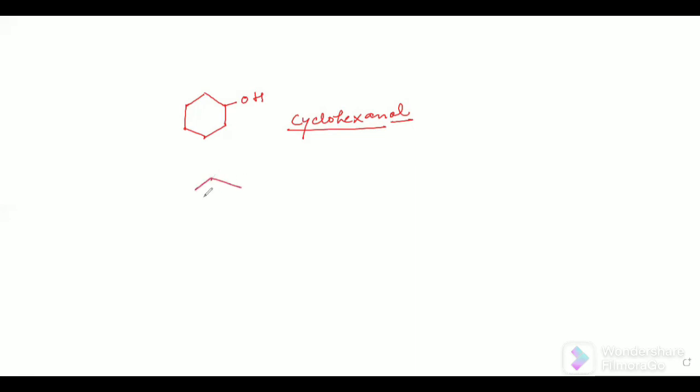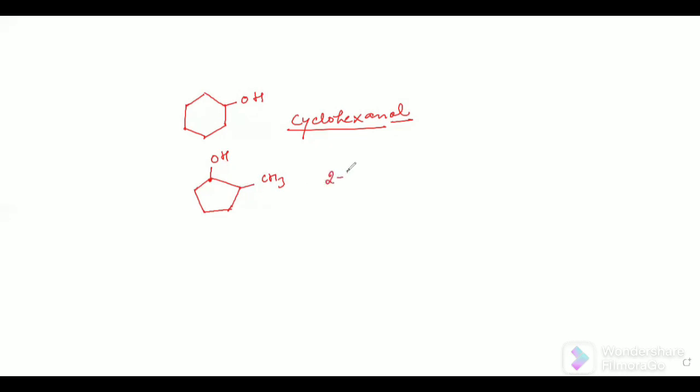And if any methyl group is present, suppose again it's a cycloalkane, but one methyl group is present over here and one OH group is here. This carbon will be taken as the first carbon. Always the carbon in the ring where the OH group is present will be taken as the first carbon. So this is first, this is second.